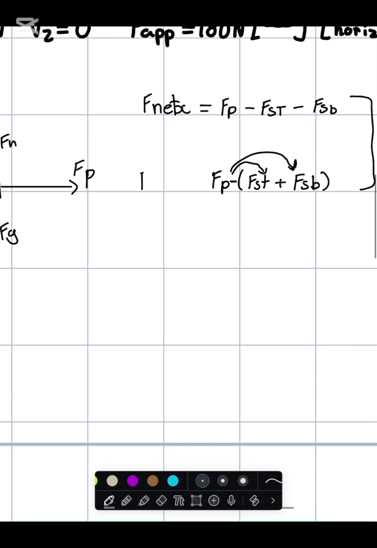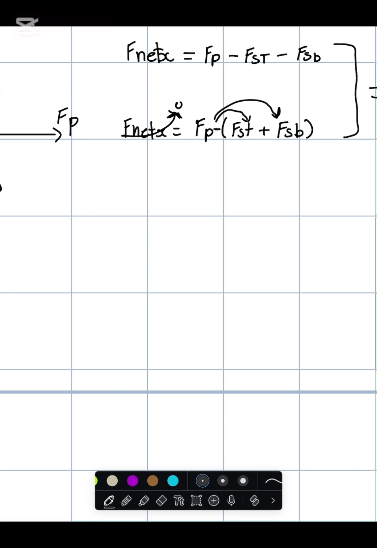So our Fnet in this scenario will be set to 0. So we can just write 0 right there. And if it's 0, we can write our equation as 0 is equal to Fp minus Fst plus Fsb. Right?